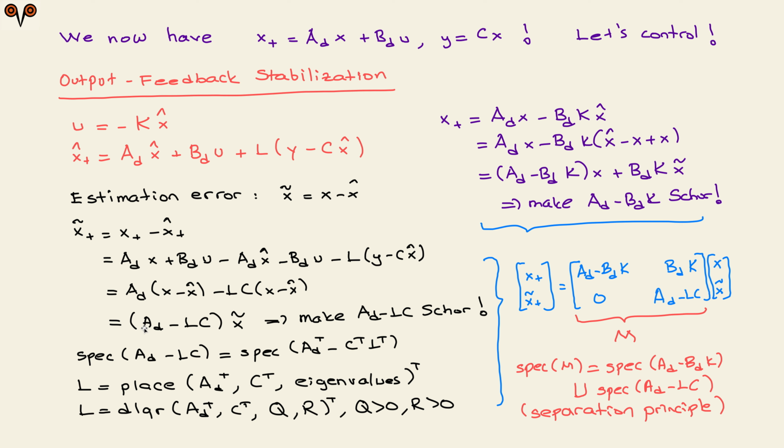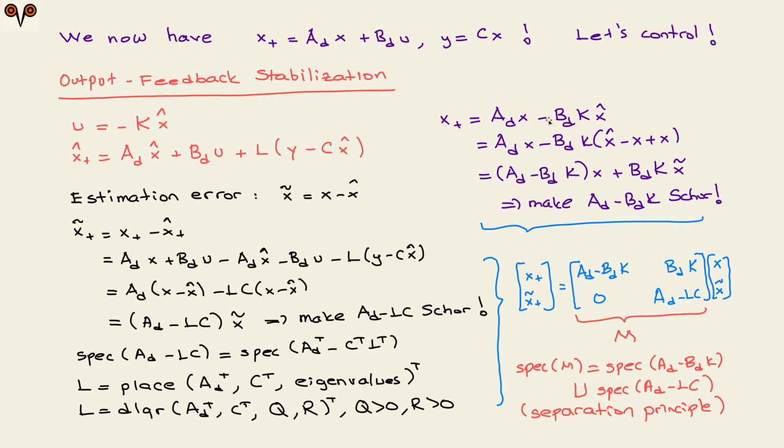Similar to making AD minus BDK Schur, if you choose your Luenberger gain L to make AD minus LC Schur, then basically estimation error goes to 0, which is good because once your estimation error goes to 0, let's look at x plus.